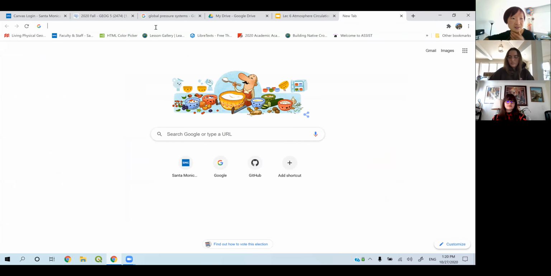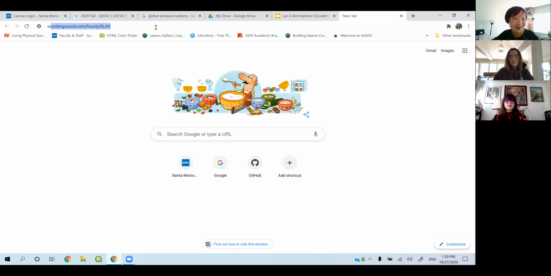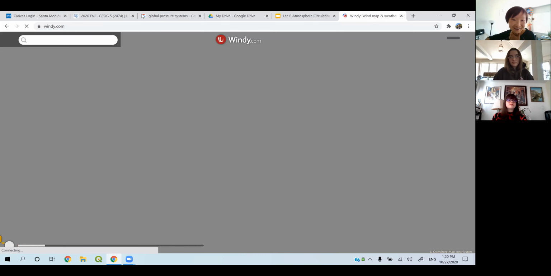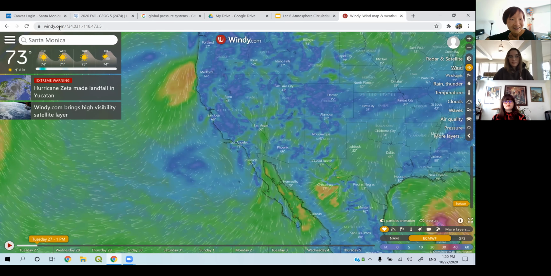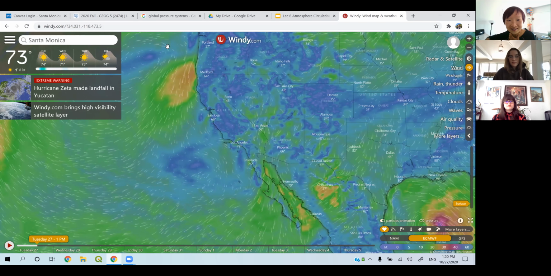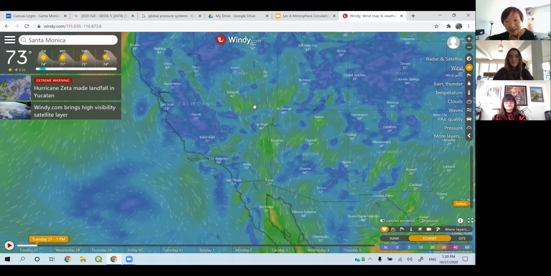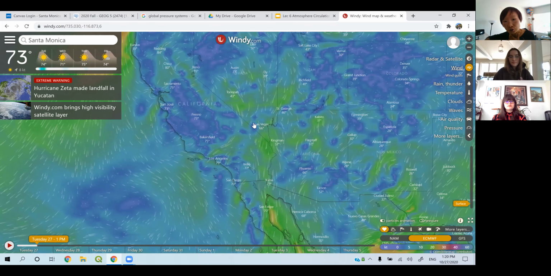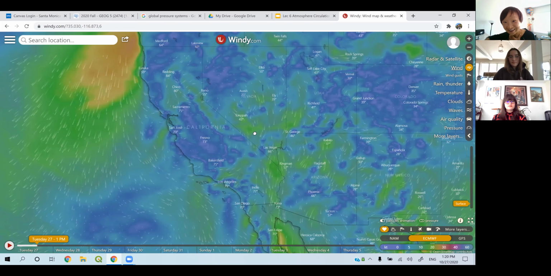Let me share with you what I shared yesterday. If you go to windy.com, you will see this amazing picture. Those arrows show you the wind flow, the airflow.